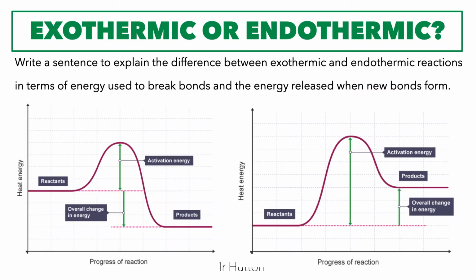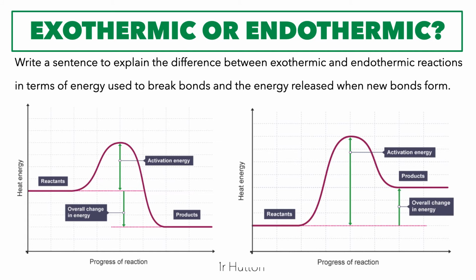Right, here we've got two graphs that we saw last lesson, an exothermic example on the left and an endothermic example on the right. What I want you to do is come up with a sentence to explain the difference between exothermic and endothermic reactions in terms of the energy used to break bonds and the energy released when new bonds form.